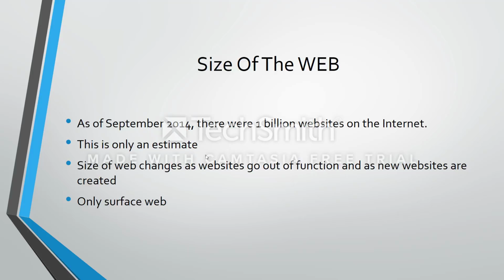You cannot put a single number to it because many websites go defunct each second, and that many new websites are created every second. The size of the web we talk about is only the surface web, the indexed part of the web that is calculated and estimated, because there is no possible way that we can calculate the size of the deep web.